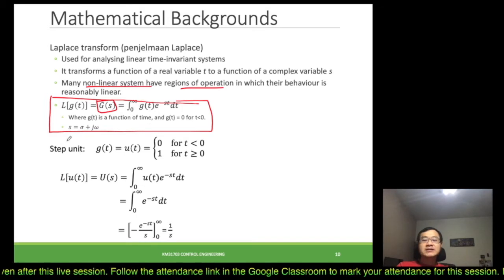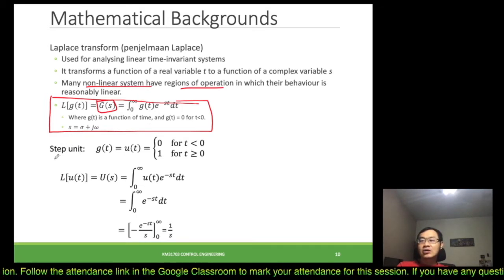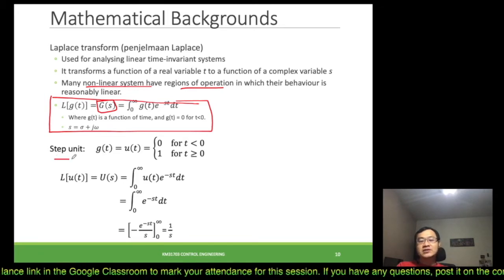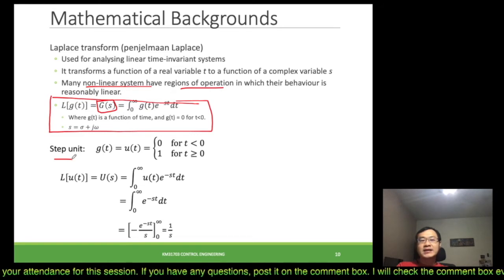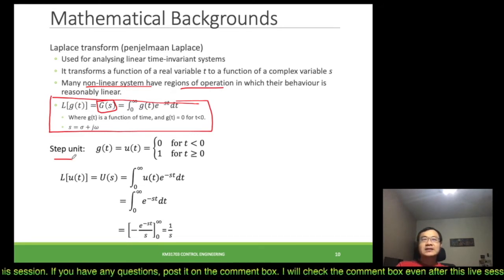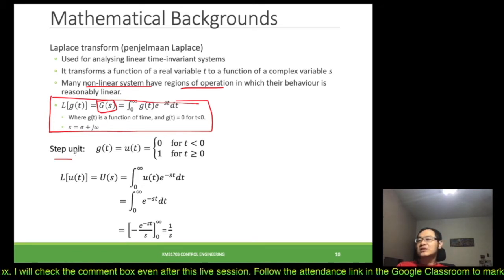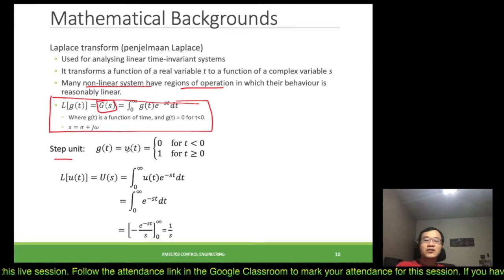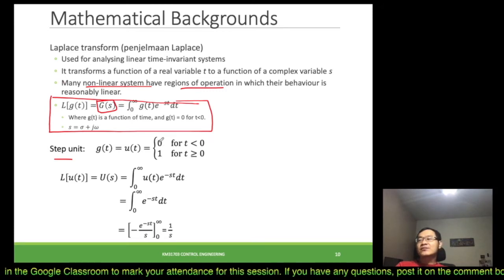Now we will take an example: doing a Laplace transform on a unit step. The unit step is quite a common input response that you will use in control, so that's why we start with it. Assume that we have a function g(t) as a step.